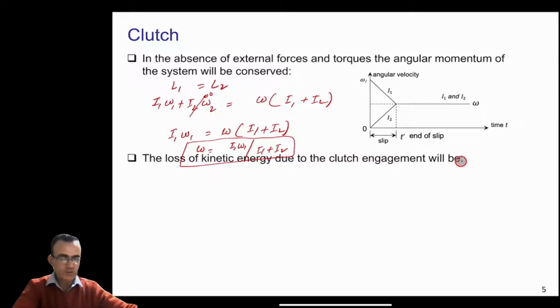The loss in kinetic energy is the initial kinetic energy minus the final kinetic energy. The initial kinetic energy, because only flywheel 1 is rotating, is half I1 omega 1 squared.